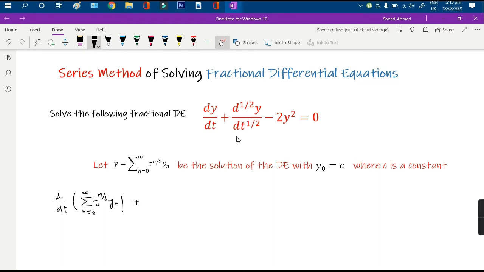I am taking the fractional derivative in the Caputo sense, so instead of this notation I can also write D^(1/2) from 0 to t of y, which is the summation from n equals 0 to infinity of t^(n/2) y_n, minus 2y squared, again the value of y, the summation from n equals 0 to infinity of t^(n/2) y_n, the whole squared, equal to 0.